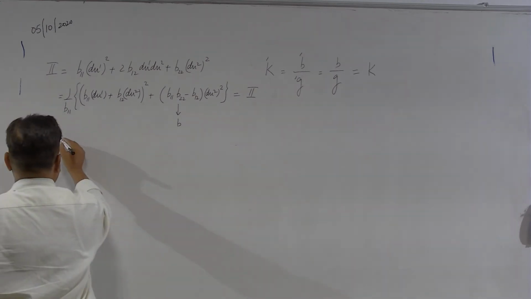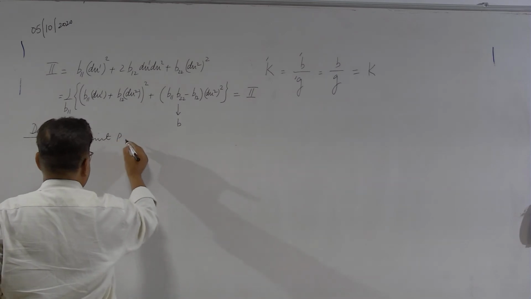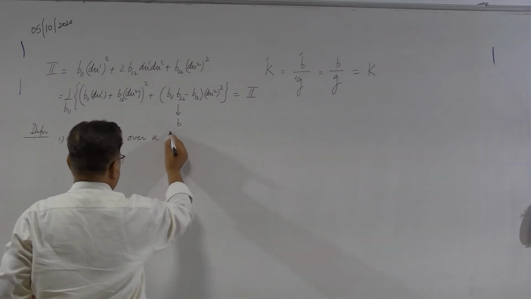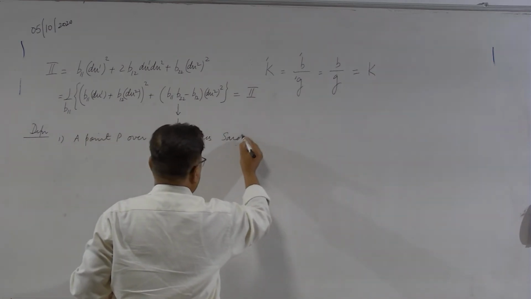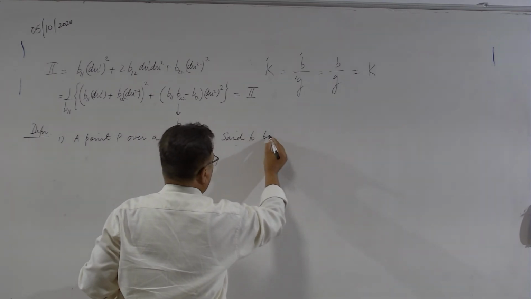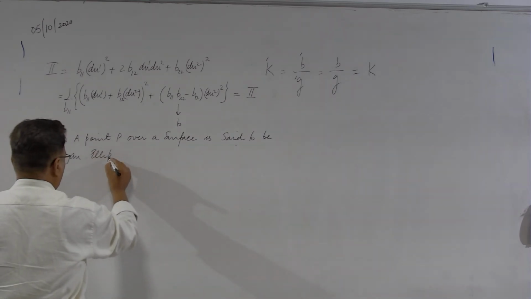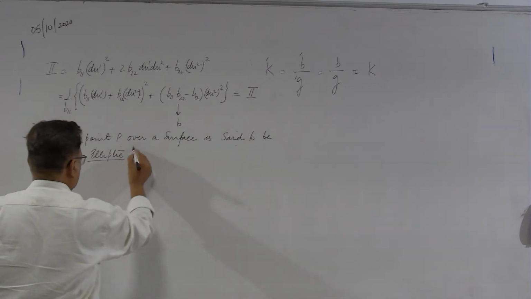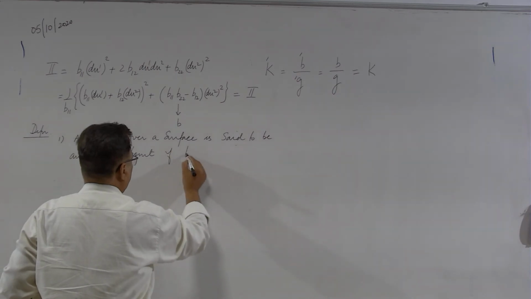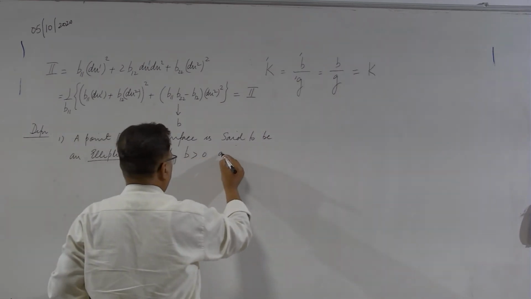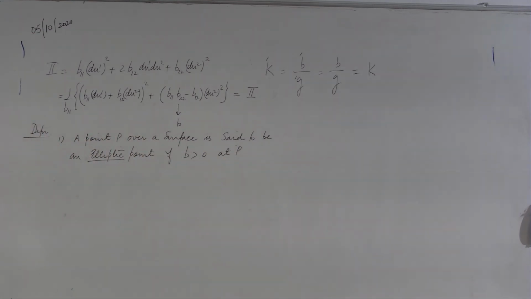So, number 1, a point P over a surface is said to be an elliptic point if B is strictly greater than 0 at P. Okay.